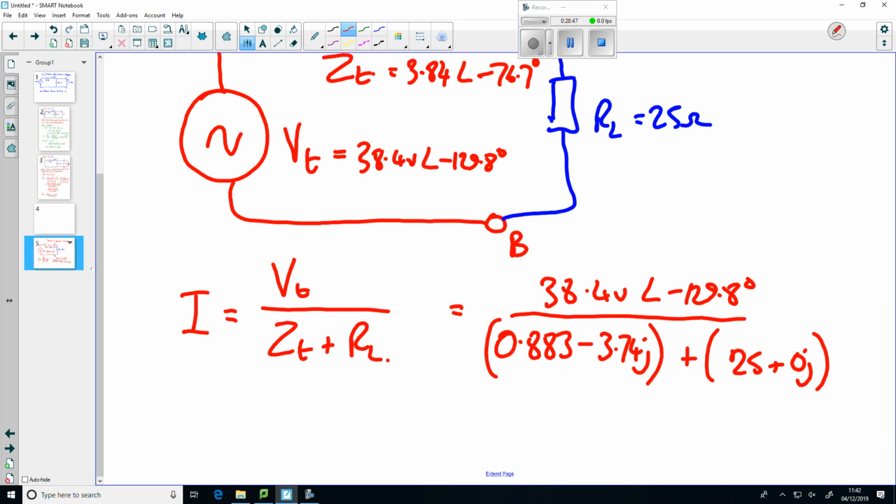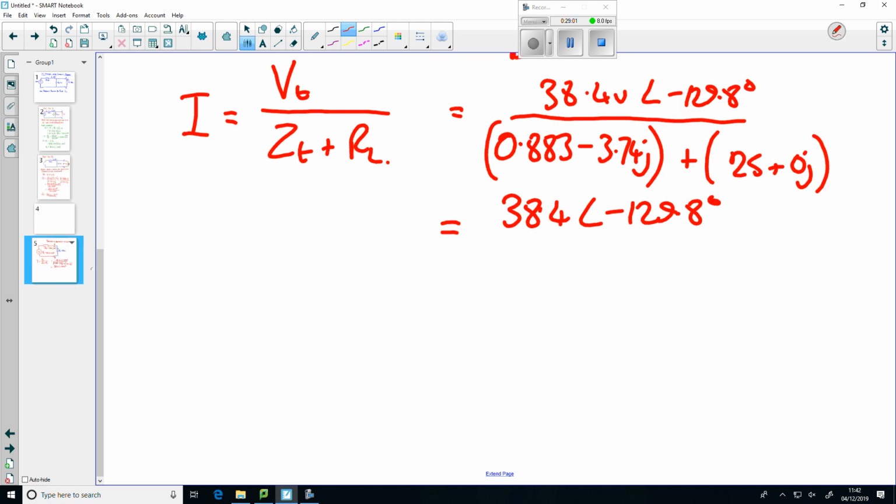Complex number addition. What do we do? So we'll keep that at 38.4 angle minus 129.8 degrees. Add the two complex numbers together, what do we do? We add the real parts and add the imaginary parts separately.